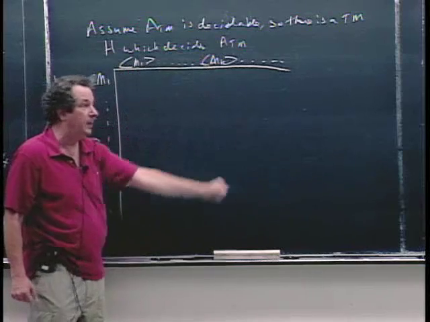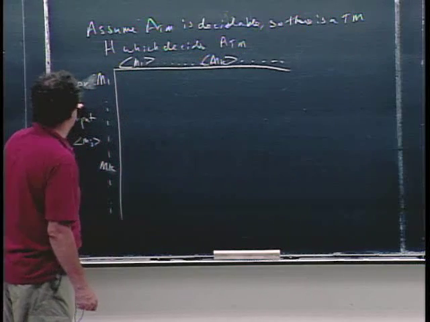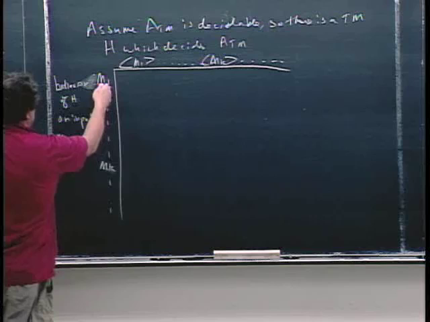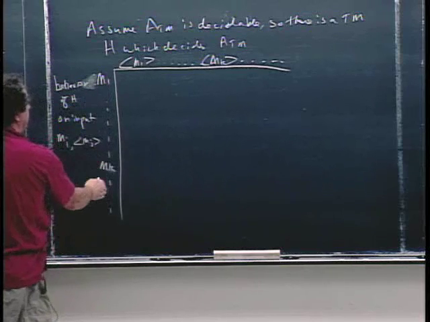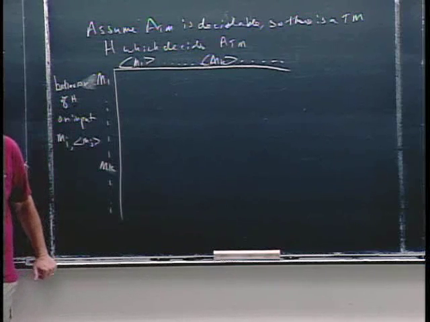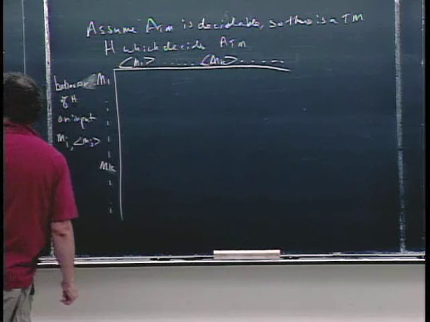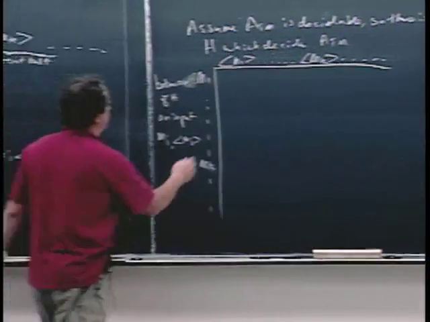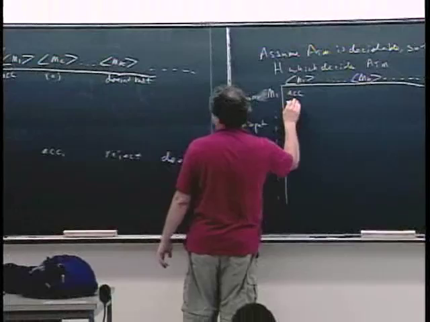Okay? And then what is H supposed to do? H is supposed to decide whether the Turing machine in the first component accepts the string that's in the second component of its input. So wherever this table says accept, this is going to say accept.